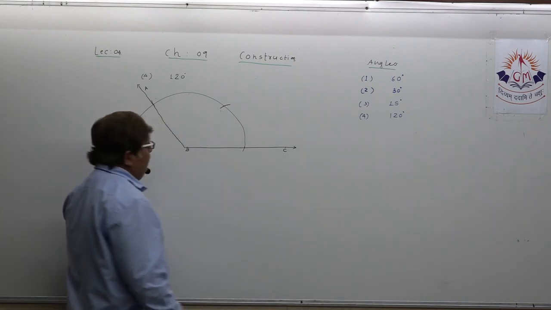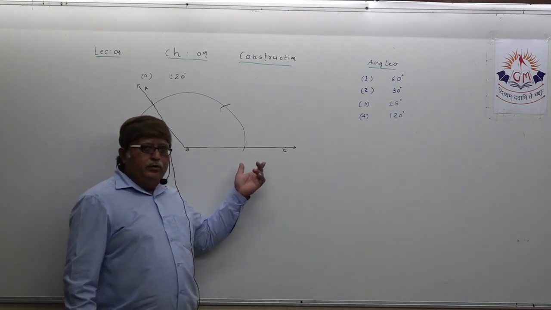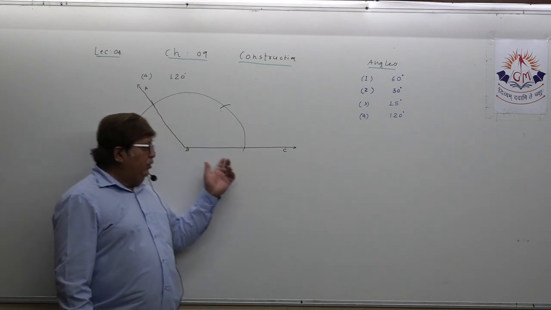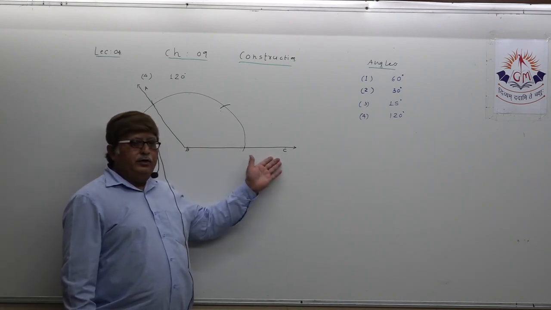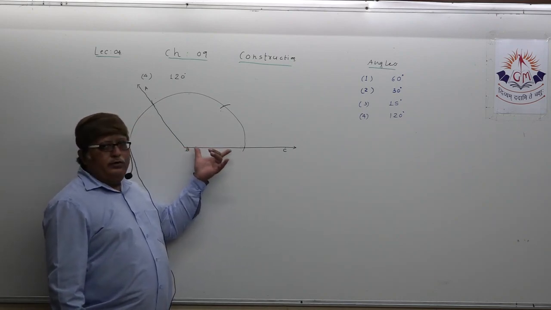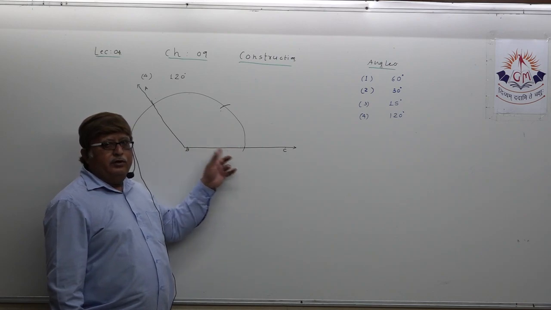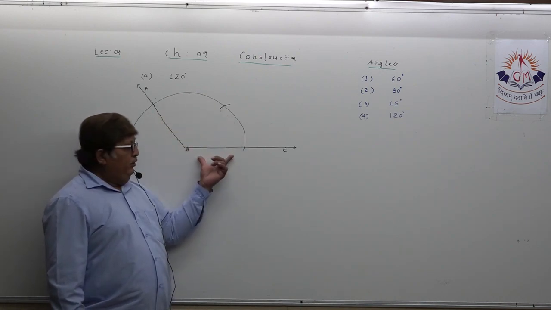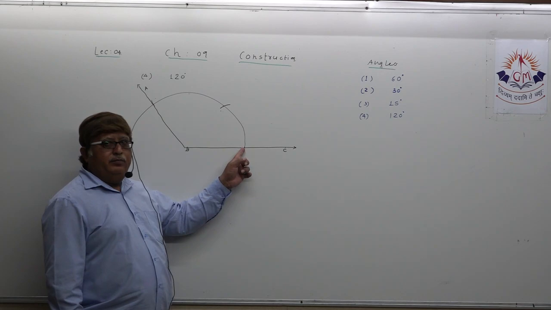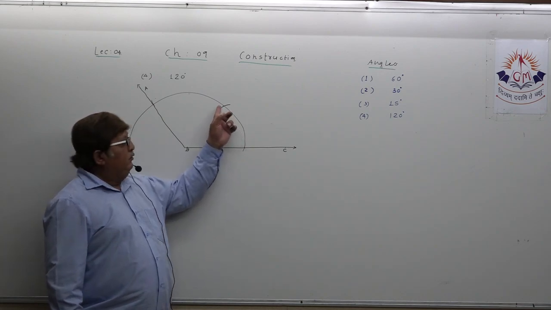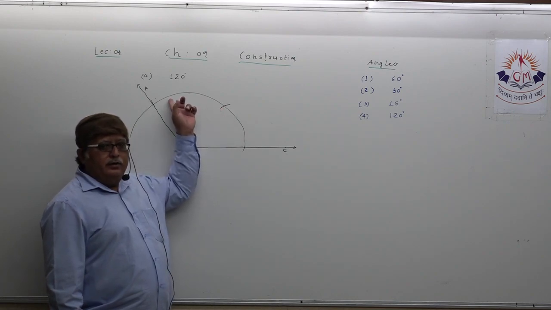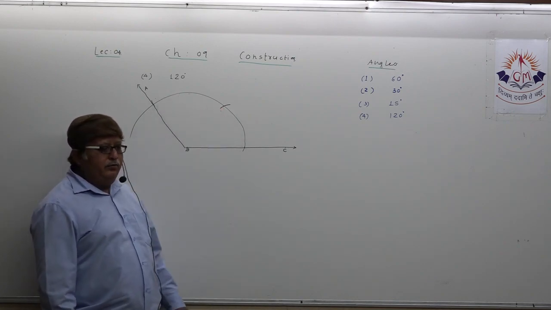This 120 you must have drawn in your book also. How to construct the angle of 120? First the ray, then just taking some appropriate radius and centering compass at B and use arc, keeping the same radius, centering compass here, cut this arc, shifting compass here and centering here, another arc, and then draw a ray passing through this.